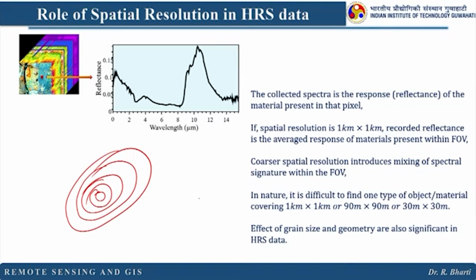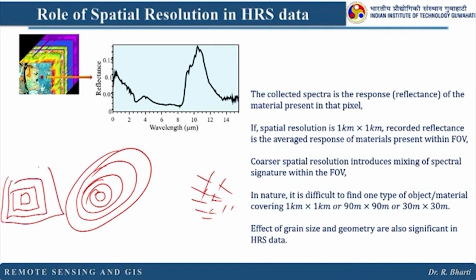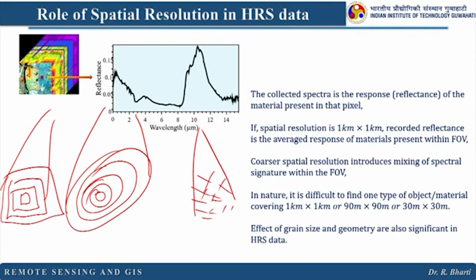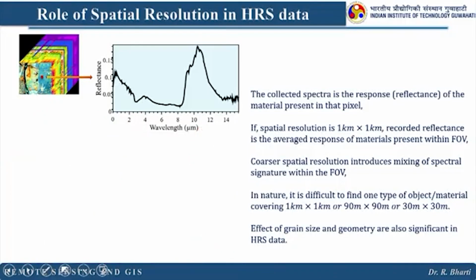In the next case you mix them randomly and put them down. In the third case you make squares with alternate material, right, and you acquire the spectra of these. Will they be the same? Ideally, the same amount of material has been used to generate each pattern, but if you see their spectral response, they will be different. There is a paper where I have demonstrated this problem, which I will discuss later.